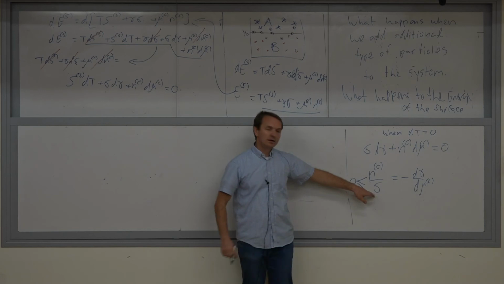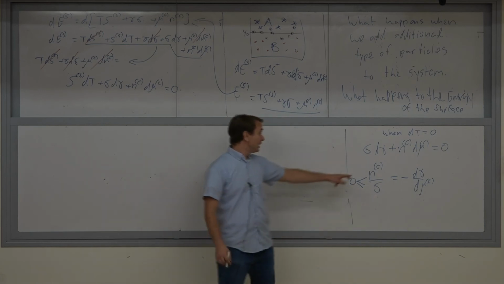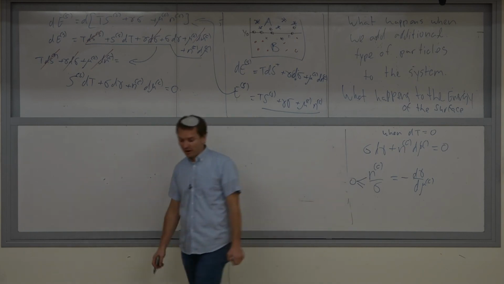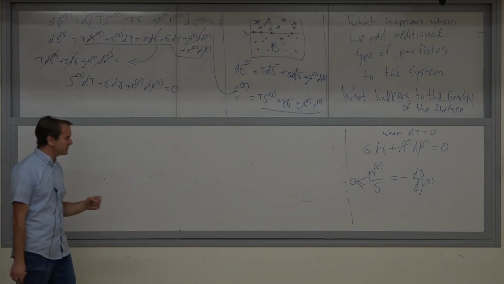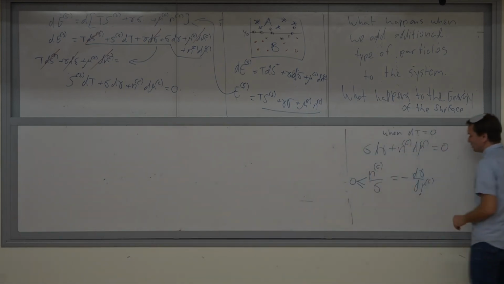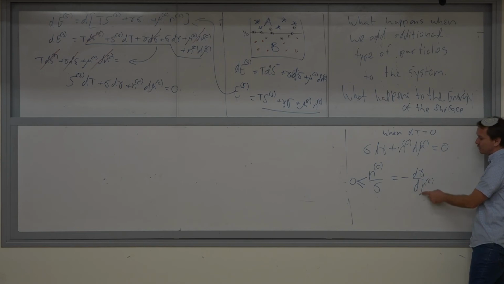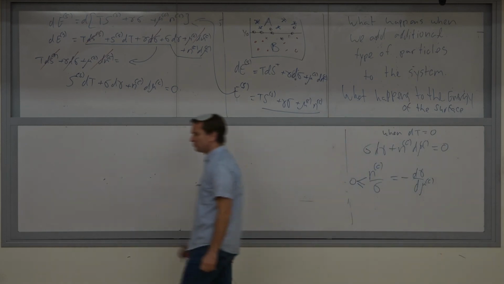Sigma is the surface area. Nc is the total number of particles of type C that are sitting on the surface, so it's a positive number. This is positive, which basically means that dγ/dμ should always be negative. But what is dγ/dμ?